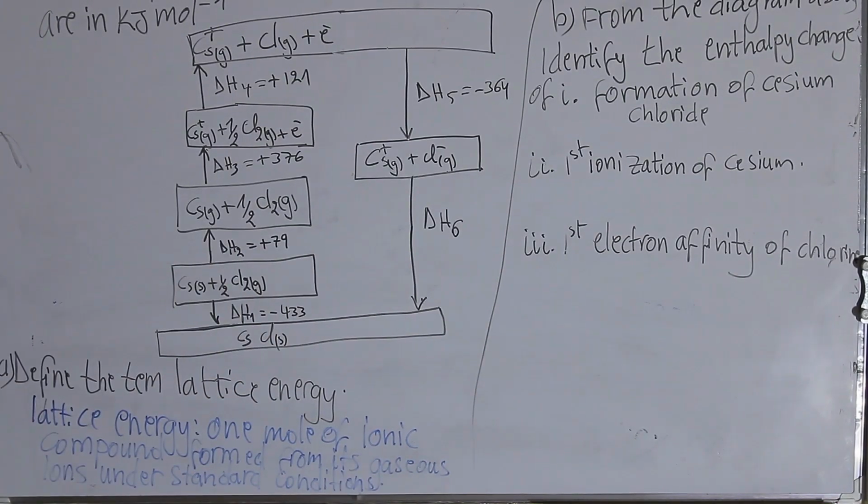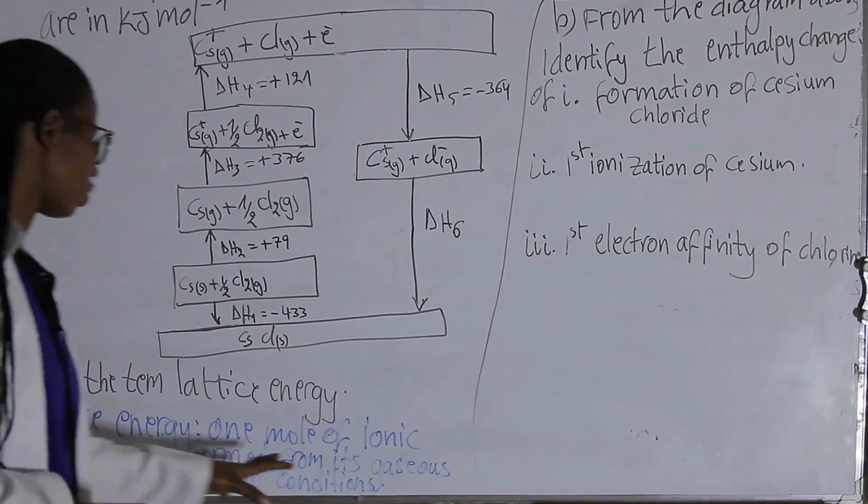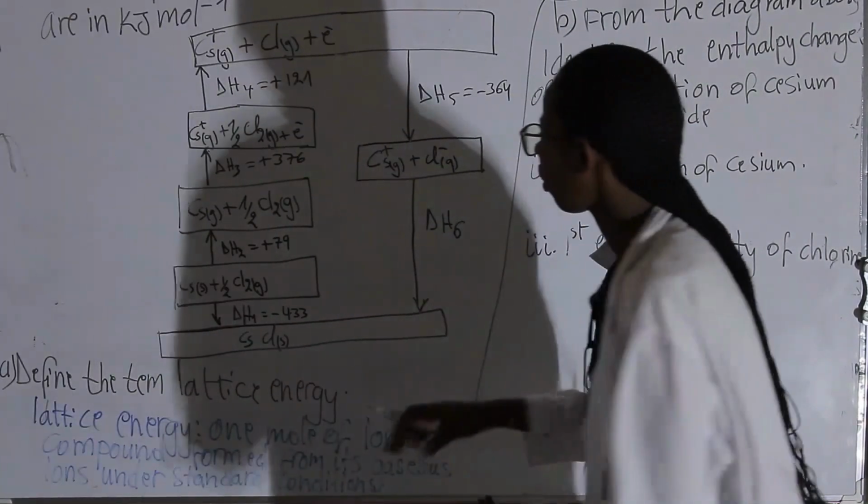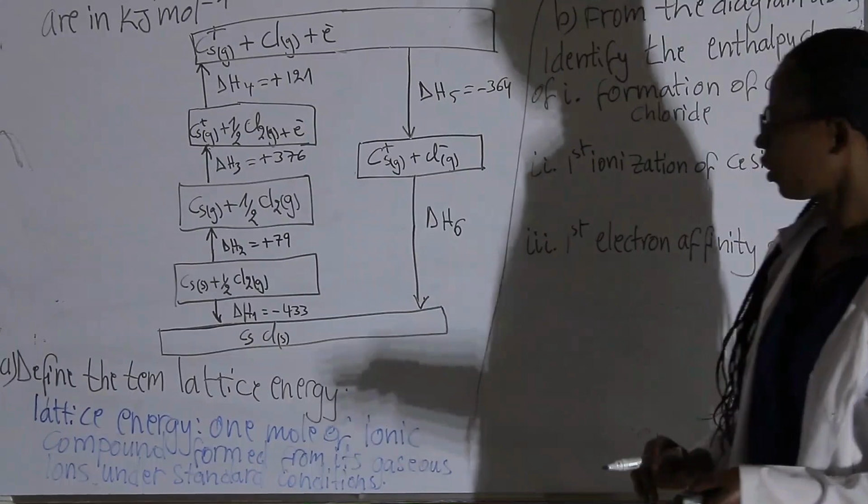This is what we call lattice energy: one mole of ionic compound formed from its gaseous ions.